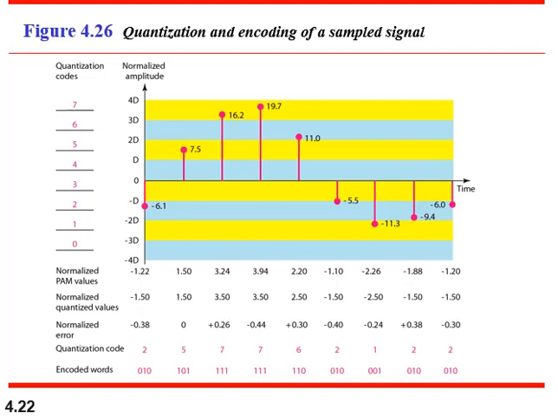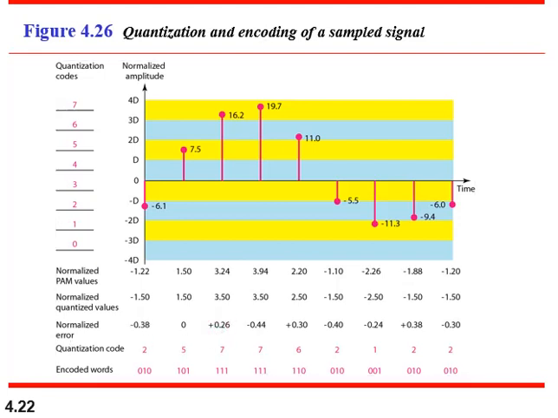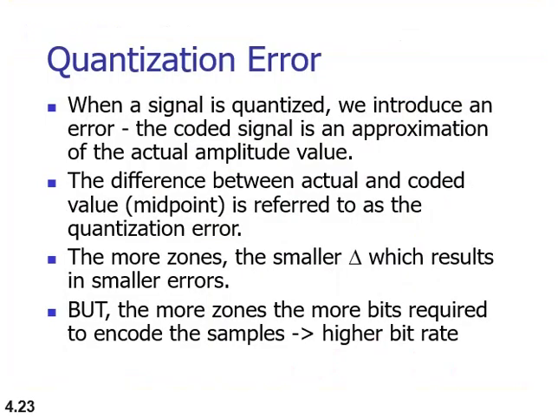When a signal is quantized, we introduce an error in the coded signal, an approximation of the actual amplitude value. The difference between the actual value and the coded value, which is the midpoint value we have calculated, is referred to as the quantization error.